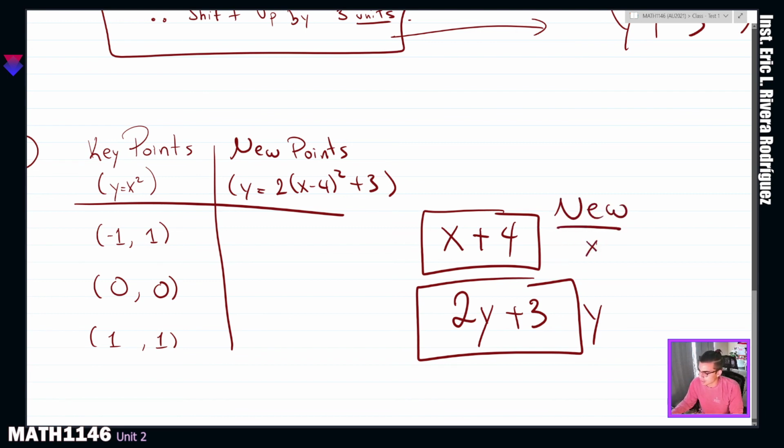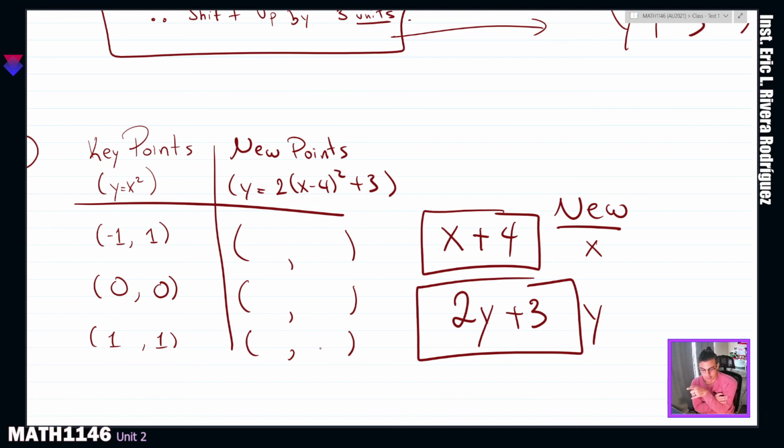Please write on the chat the coordinates of the new 3 key points. You need to use the key points and those equations. Those equations are going to give you the new coordinates.